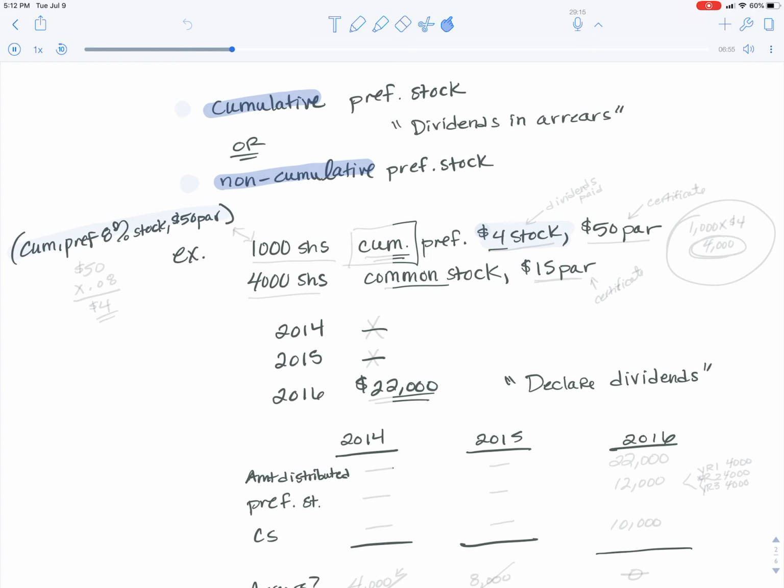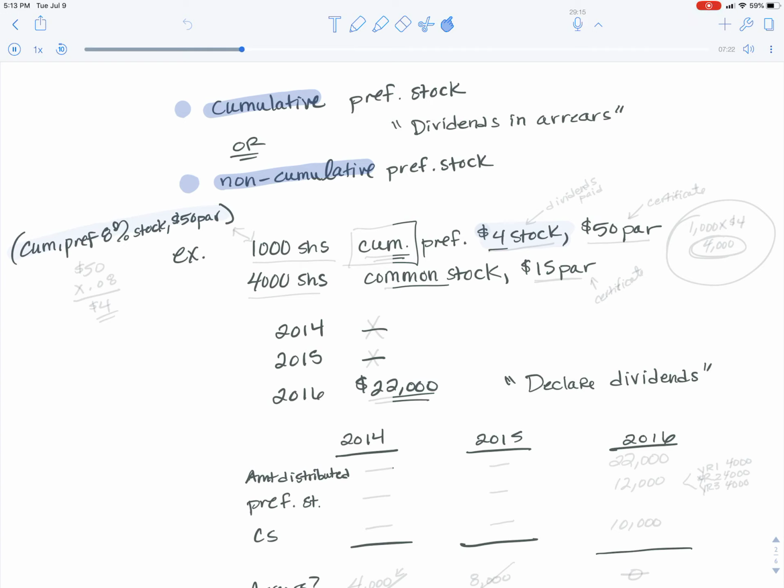Well, if you have a cumulative preferred stock, you get the dividends you were supposed to get in year one, supposed to get in year two, and you get year three. Like, they keep rolling over, and even if the company doesn't have cash to give you, you'll get it later. If it's non-cumulative, if the company doesn't declare a dividend, you just don't get it for that year.